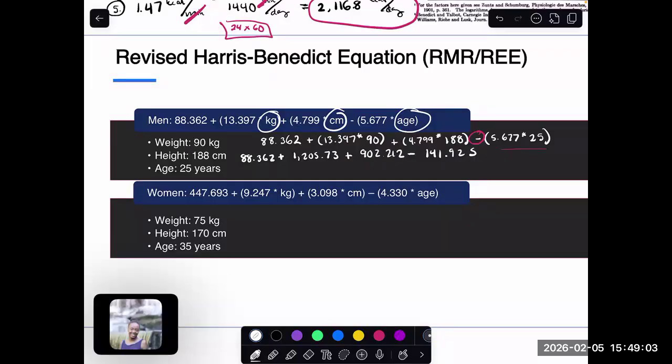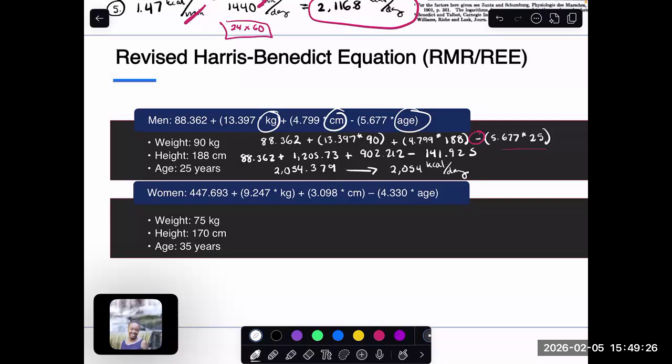So when we add and subtract all these together, the final boss answer is 2054.379, according to my calculations. You can definitely check me if needed. So we can also just convert this to a whole number of 2054. And then our unit is going to be kcals per day.